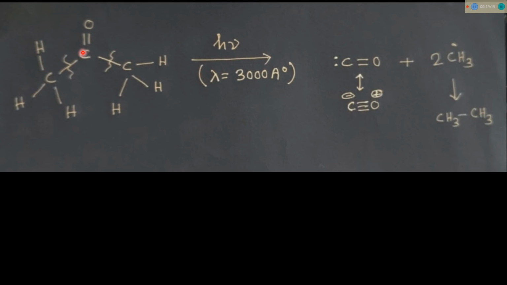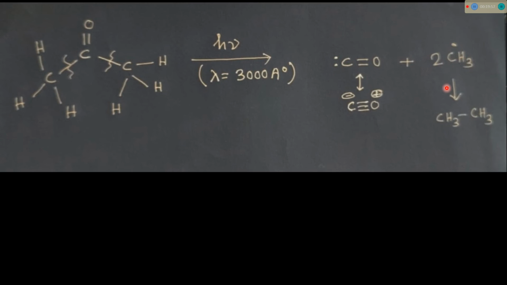By this light only the C-C bond can break, not the C-H bond and C=O bond. The C-C single bond breaks to form CH3 radicals, two CH3 radicals, and the rest becomes CO, carbon monoxide. So after photodecomposition of acetone with this light, we produce carbon monoxide and two methyl radicals.